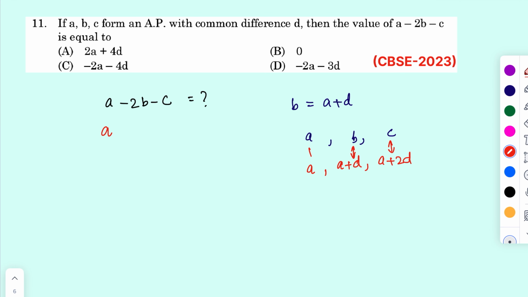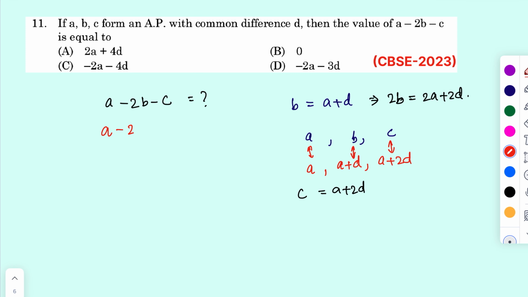So b is equal to a plus d. If you will compare the terms, then a plus d is equal to b. This implies 2b is equal to 2a plus 2d. Similarly, c is equal to a plus 2d. Put all the values there.